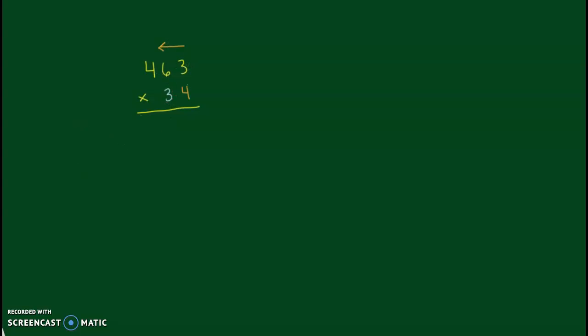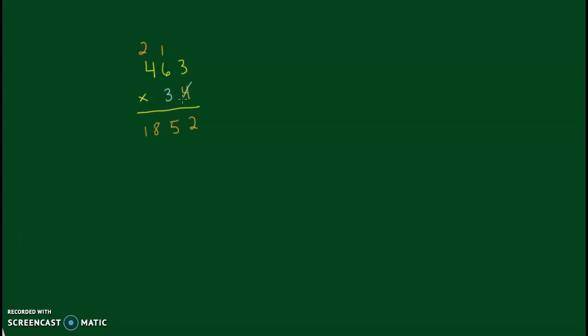So starting with the ones place, we have 3 times 4, and that's 12. Then we do 6 times 4, which is 24, plus 1 is 25. Then we have 4 times 4, which is 16, plus 2 is 18. And since that's the last number on the top row, we do not carry the 1.